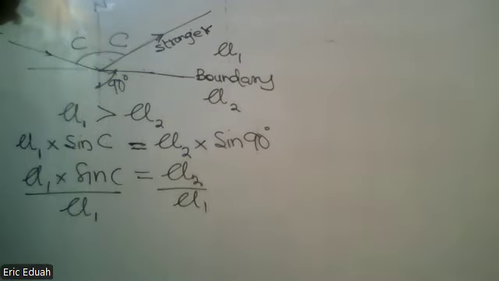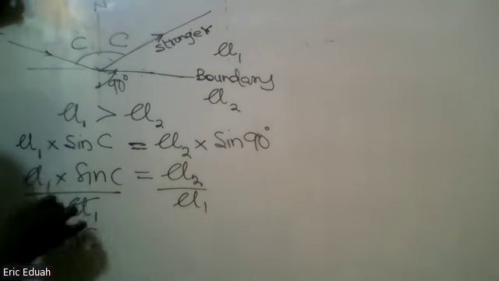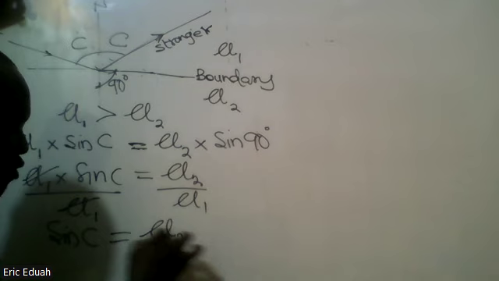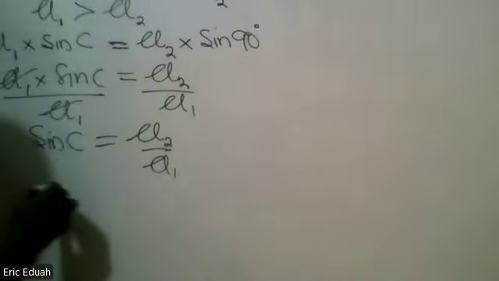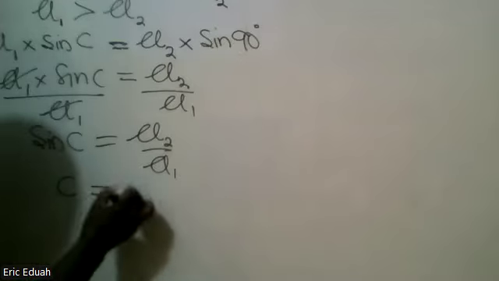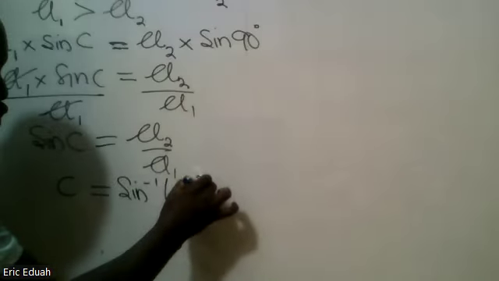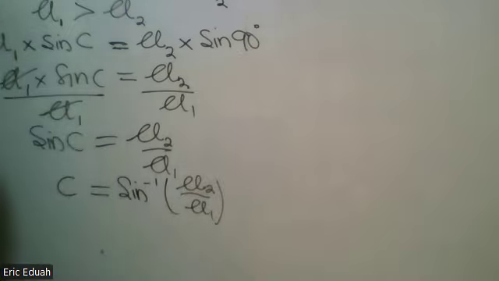So mu1 sine C is equal to mu2, so sine C is equal to mu2 over mu1. C therefore is equal to the sine inverse of mu2 over mu1. What does this relation mean?